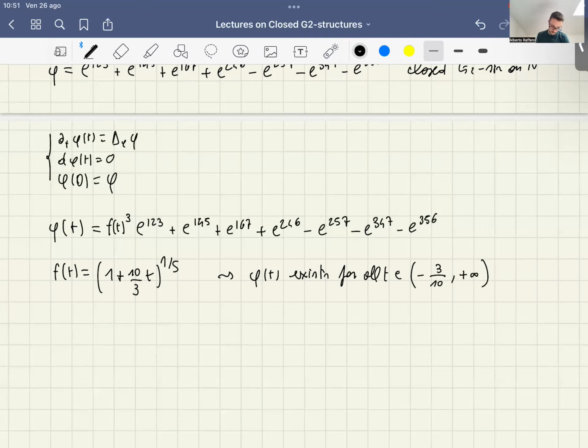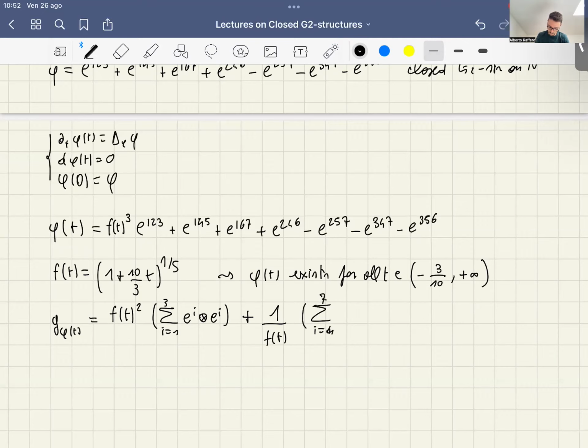And moreover, if you compute the metric induced by this three-form closed G2 structure here, you will obtain that gφt is equal to ft squared times the sum for i going from 1 to 3 of e^i tensor e^i, plus 1 over ft times the sum for i going from 4 to 7 of e^i tensor e^i.